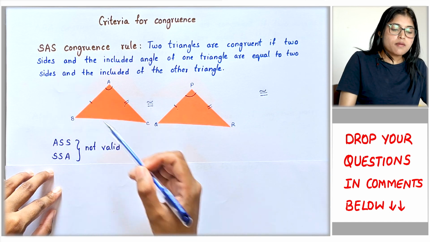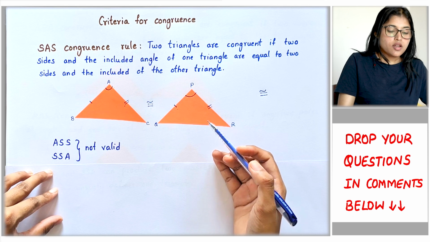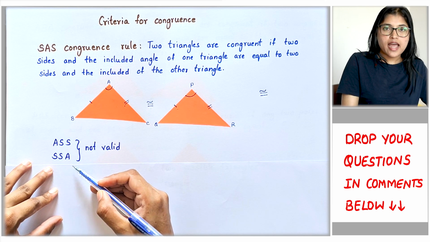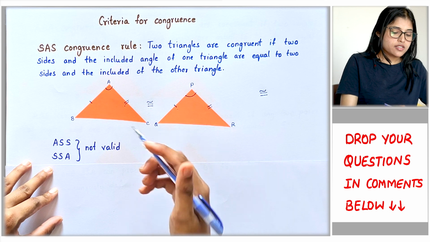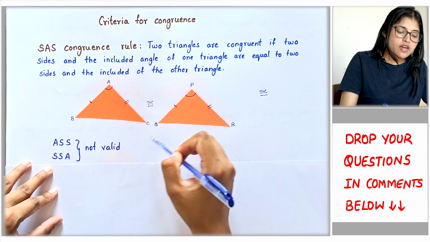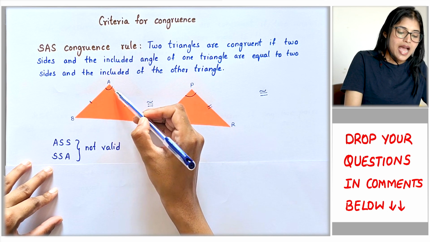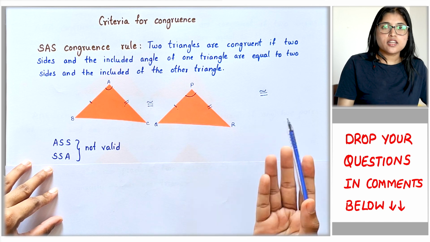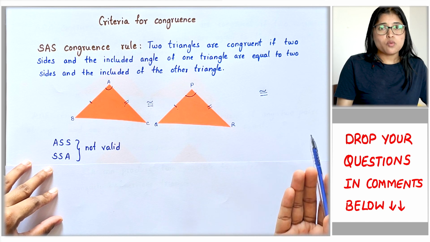So when we are talking about side angle side congruence rule, we also have to remember that angle side side or side side angle are not valid for congruence. For example, if these triangles were to be equal in angle side and side or two sides and one angle, this criteria is not valid for congruence. Why is that?